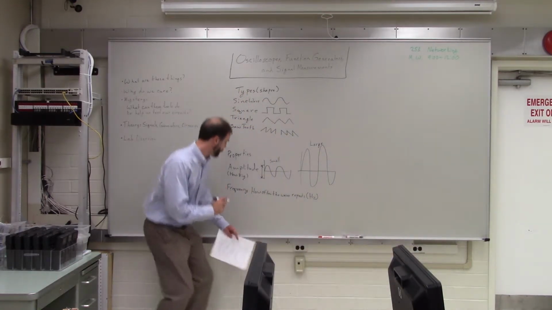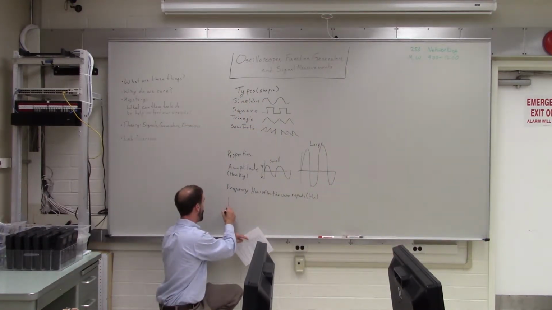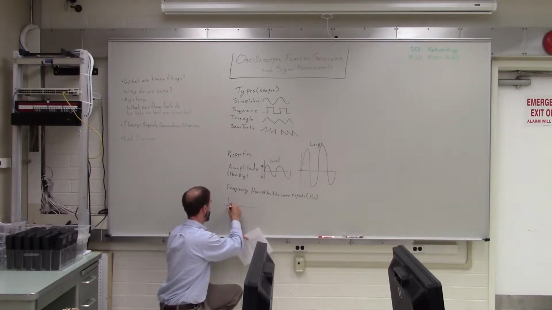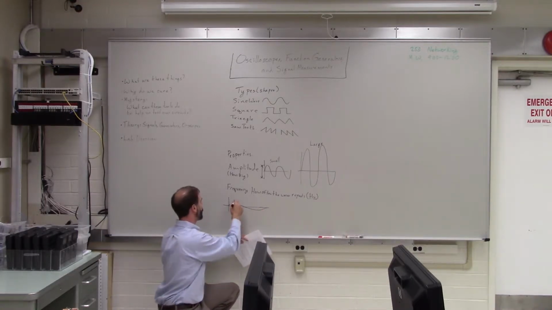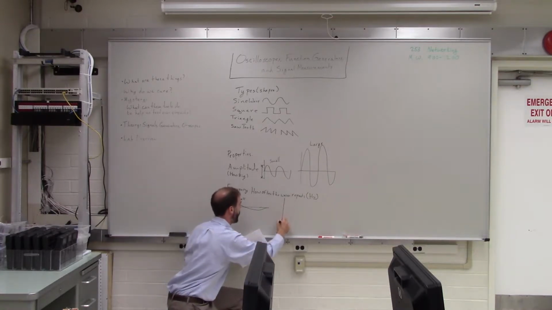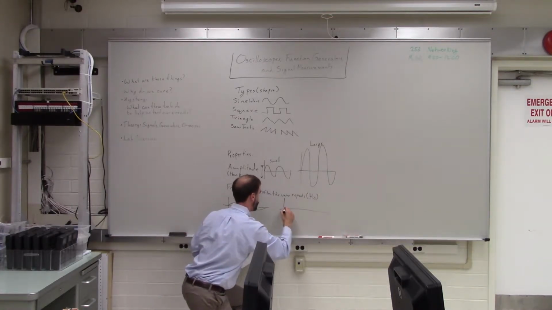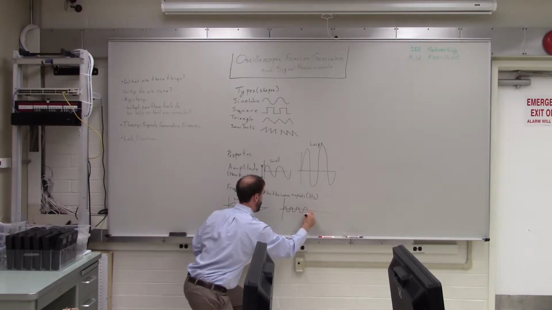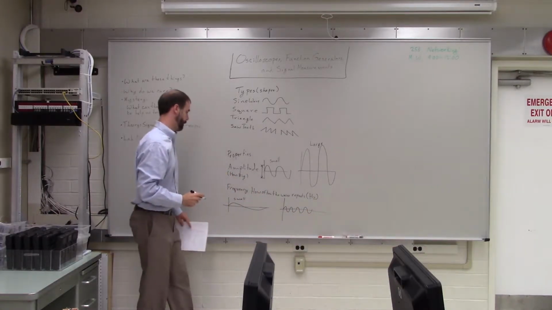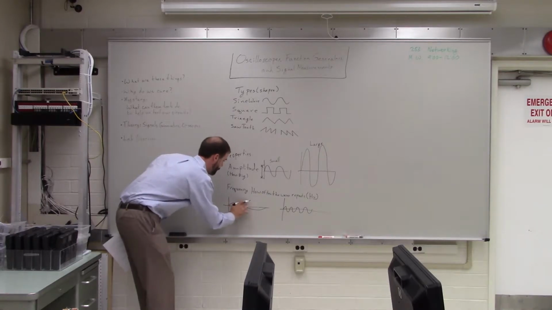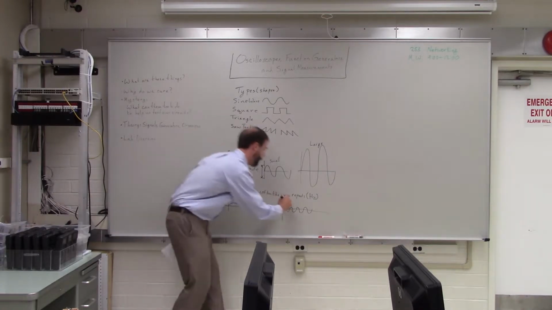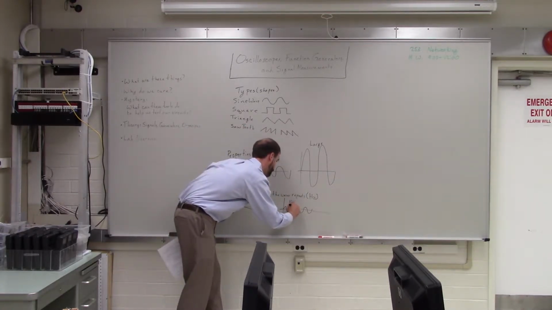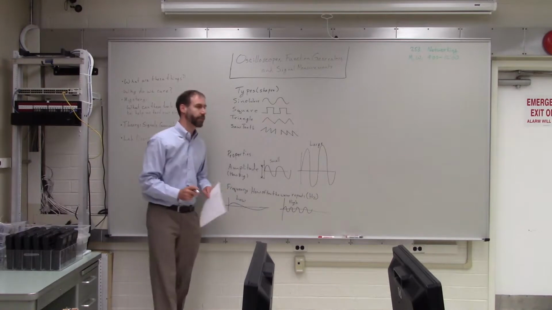For frequency, if we had a wave that was like this, that would be a small frequency. If we had a wave like this, that would be a higher frequency. I suppose low and high are better words to describe frequency. Low frequency and high frequency. Okay.